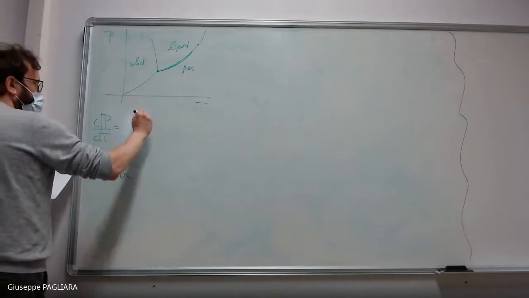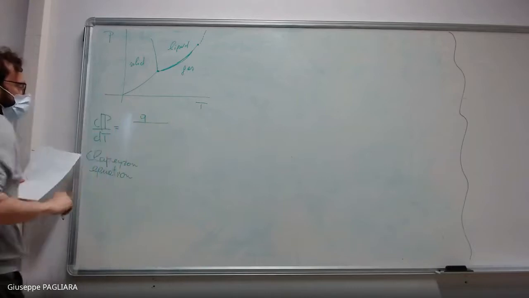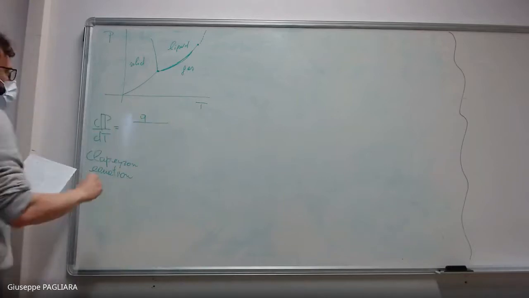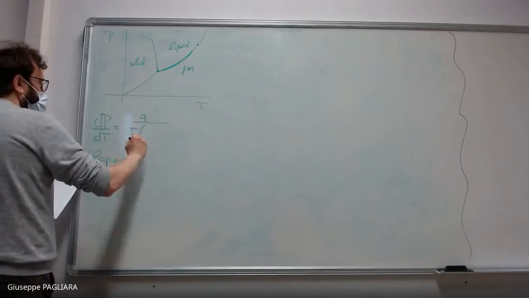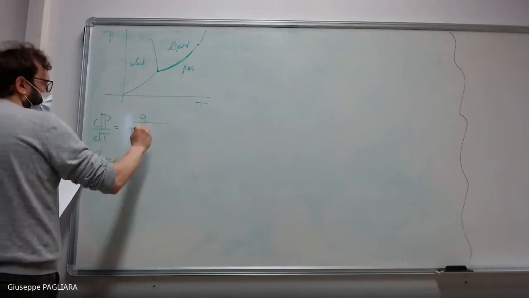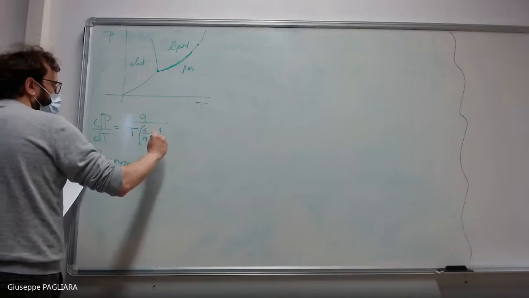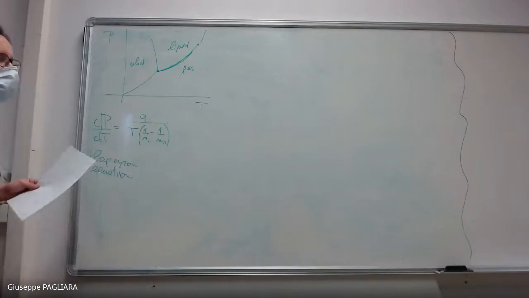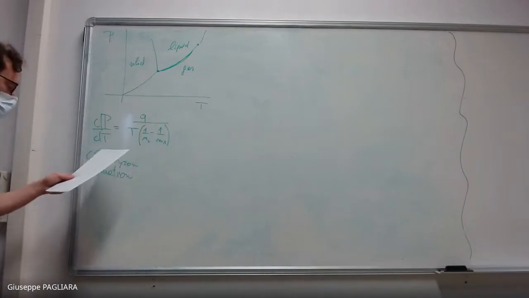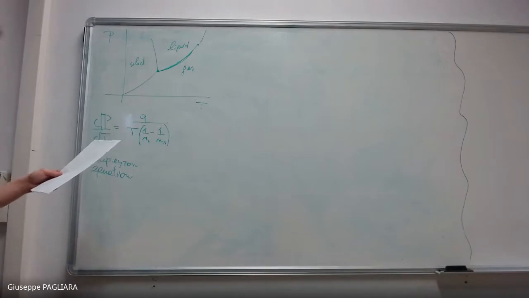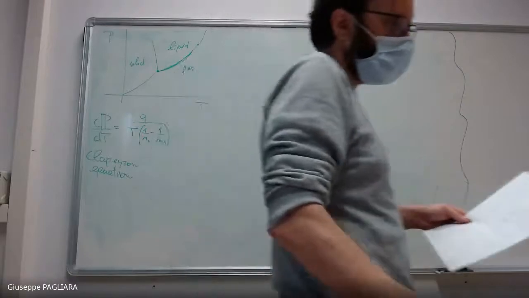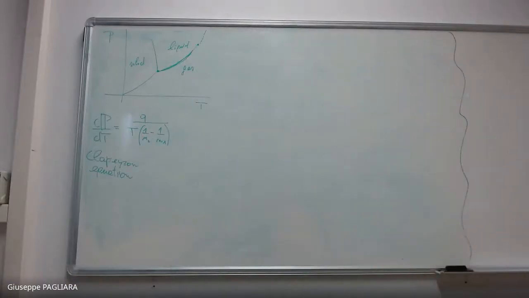Here you have the latent heat, which characterizes the first order phase transition. Then I have the temperature, and then here I have a difference between two specific volumes, which are the specific volumes of the liquid and of the gas. Okay, this was the Clapeyron equation, and this was the phase diagram of water.